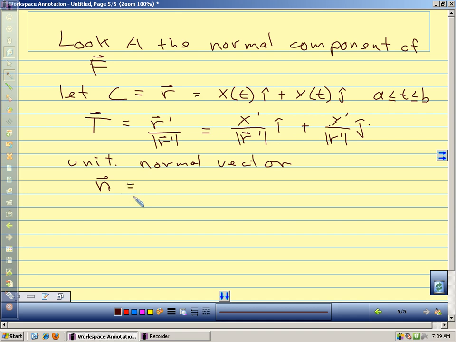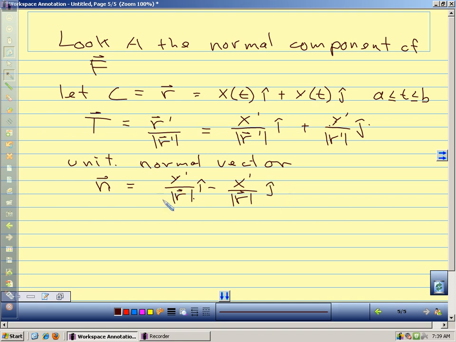In the plane, to find our unit normal vector, we can switch x and y and change the sign on one of them. So we're going to write this as y prime over the length of r prime i minus x prime over the length of r prime j.